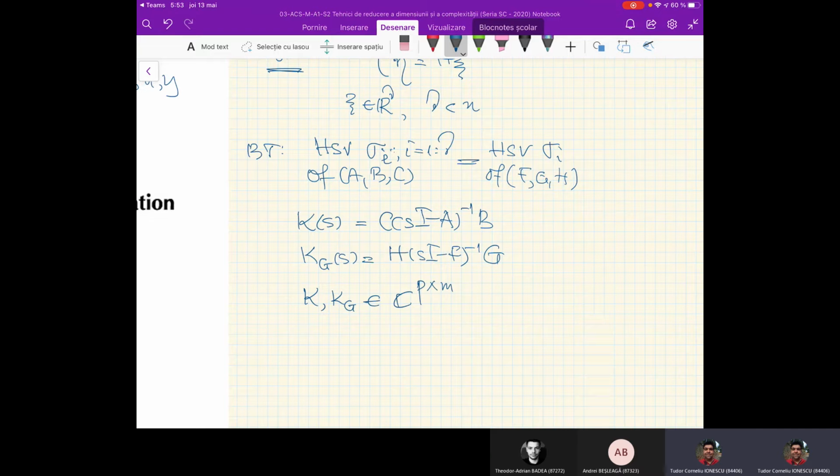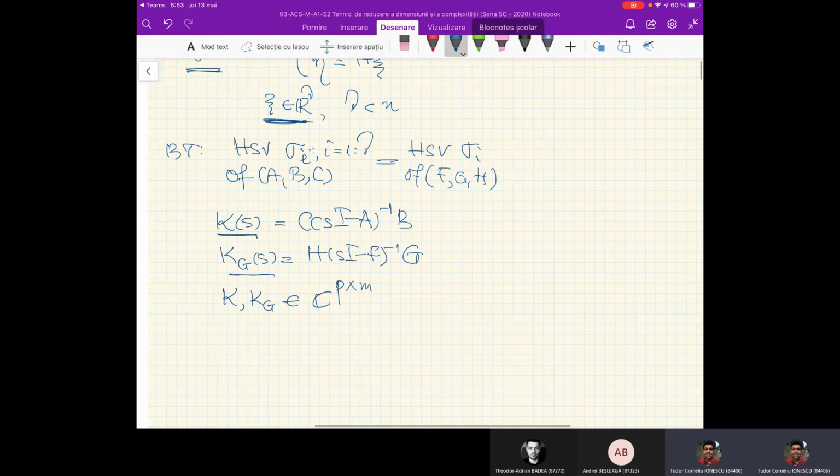We do not touch that. That's untouchable. However, notice that this is ni, so this is a transfer function of dimension ni. This is a transfer matrix of dimension n, the system dimension.